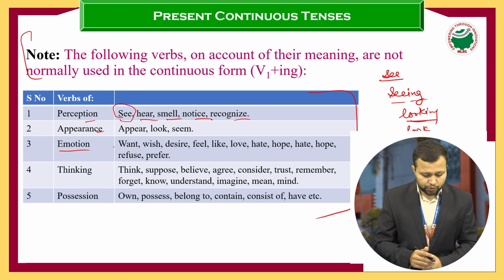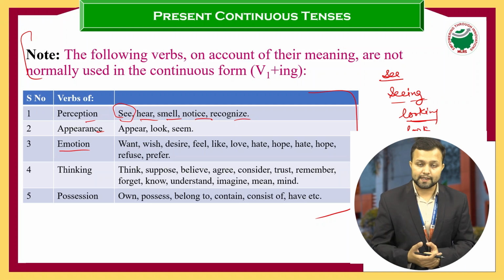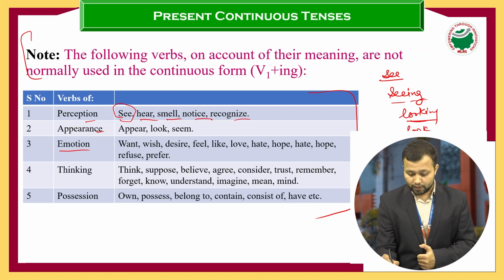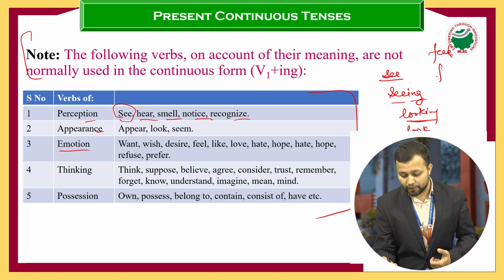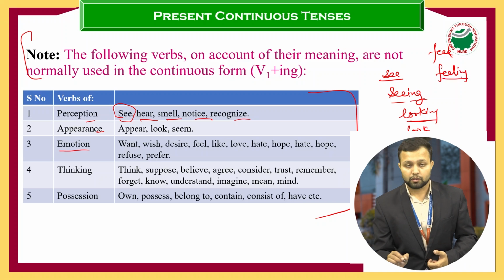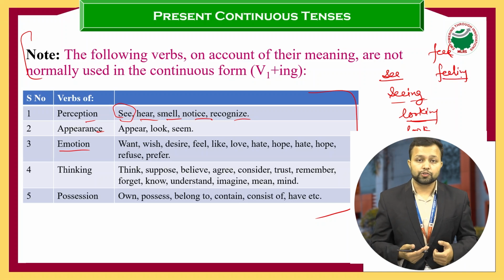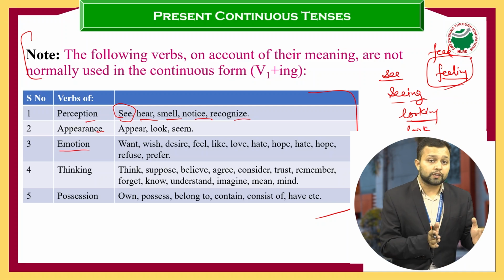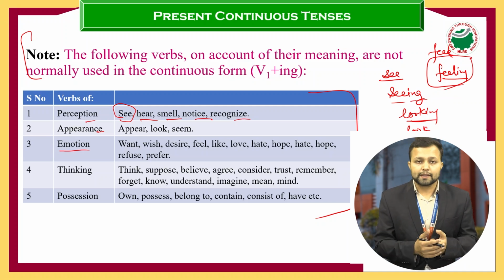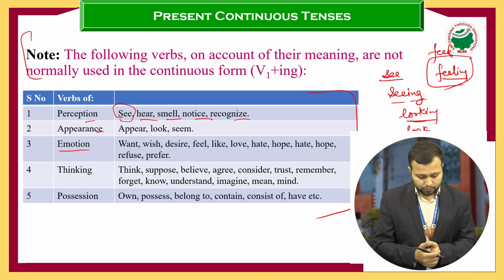Verbs of emotions like want, wish, desire, feel. I feel cold, so I'm feeling cold, right? But if I say feeling, feeling means our emotions, it will be a noun. That's why, on account of meaning, we do not use these verbs in their continuous forms.